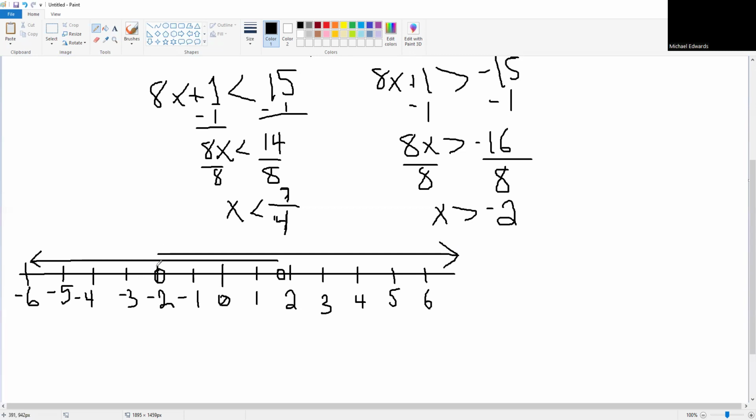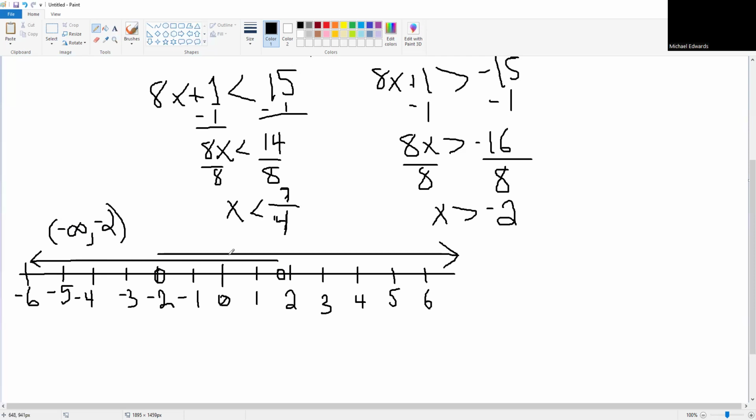So to write our intervals, we would just write it the same way we normally write it, but we could start here and here, just like we normally would. So we have negative infinity. We know it can go all the way up to -2 at least.